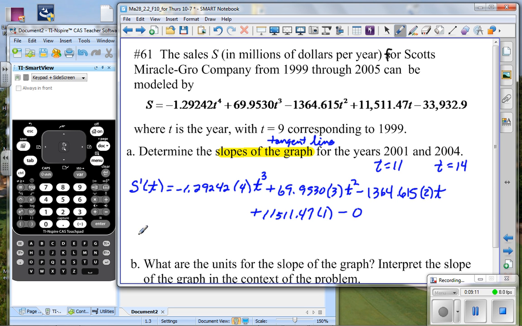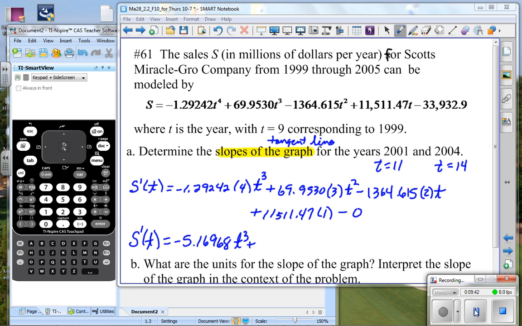Now, in order to continue this, we'd want to multiply those out. Let's see, I'm going to use my notes here. You can multiply those for yourself and make sure. I have negative 5.16968 t cubed plus, okay, let me check my work here.